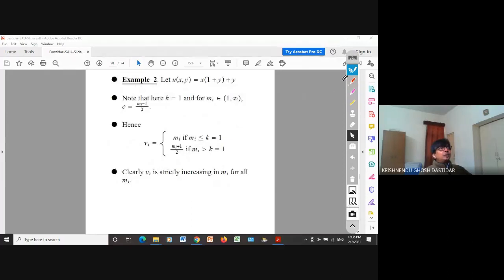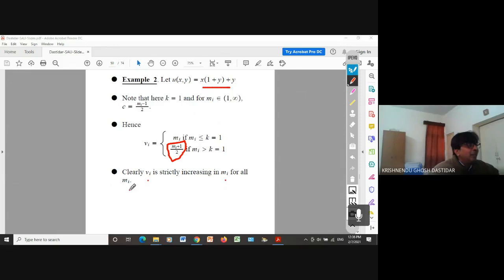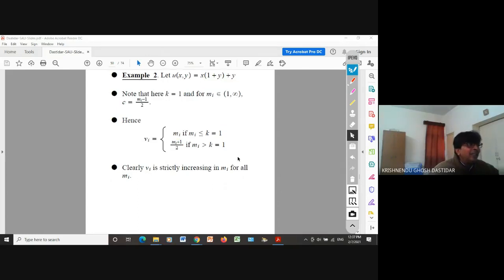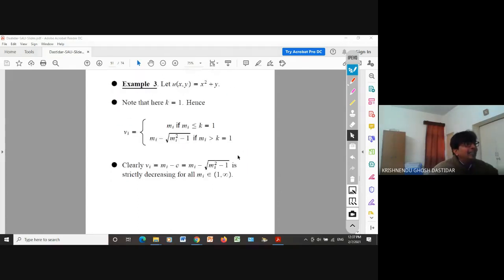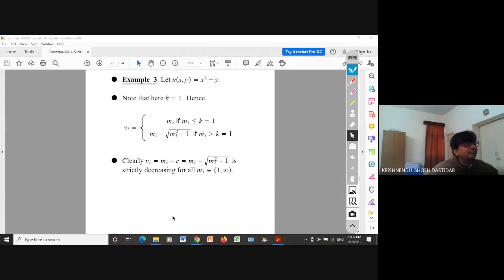Suppose u(x,y) takes this form, and now even for high enough incomes, the value is not independent of income, but depends on income. Clearly, Vi here is strictly increasing in Mi for all Mi. That's what you expect. But in fact, I'm now going to show you an example where Vi is even decreasing in Mi, and that is given by this.